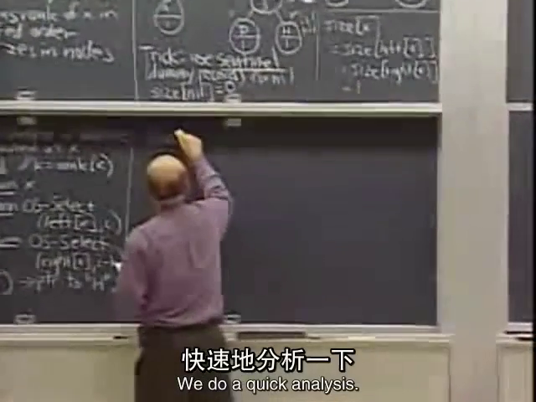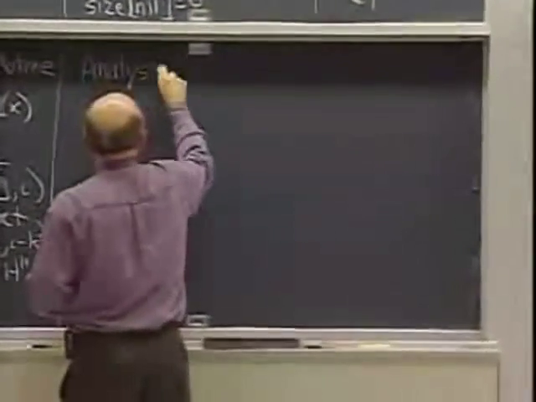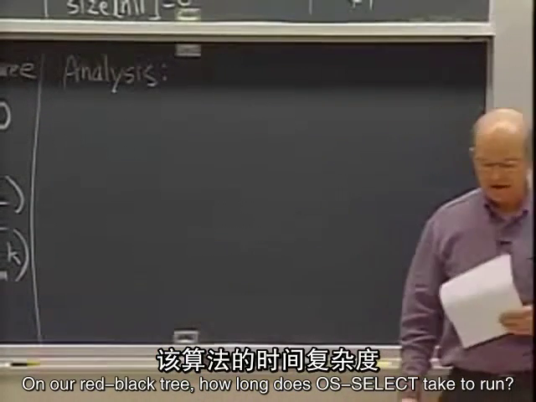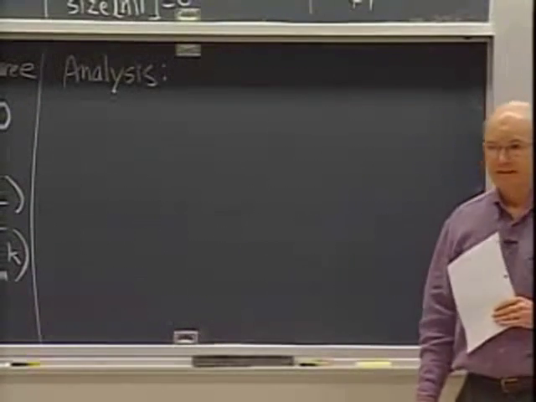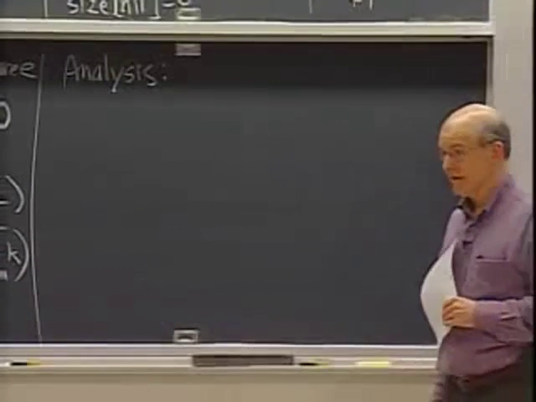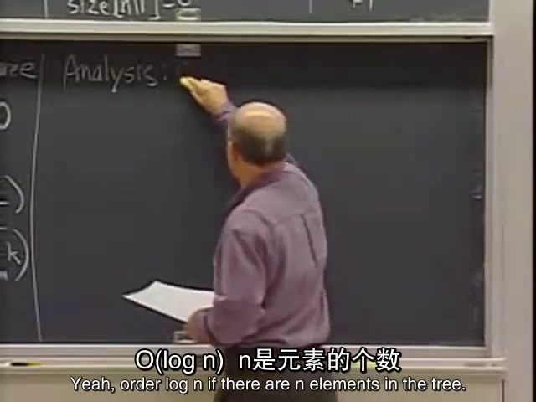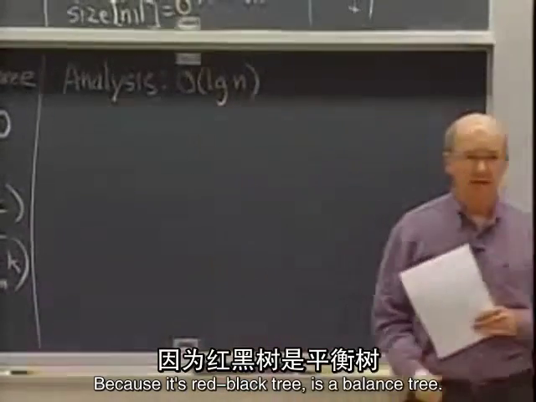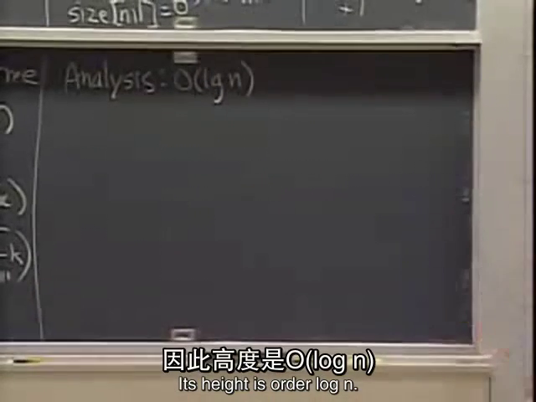So we do a quick analysis. On a red-black tree, how long does OS-SELECT take to run? Yeah. Log n. Order log n if there are n elements in the tree. Because a red-black tree is a balanced tree, its height is order log n.